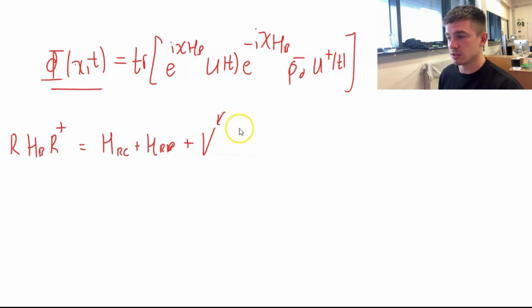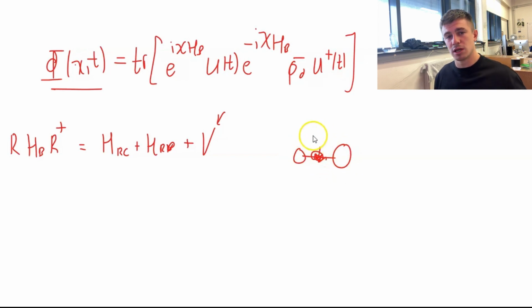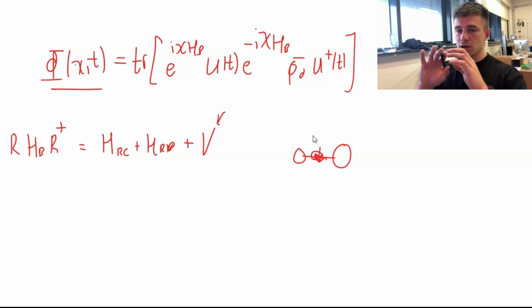So the interaction between the RC and the residual bath is going to be weak, which is good because then we can reframe our problem such that we care about the system and the reaction coordinate, and then we treat the rest of the bath with regular weak coupling Born-Markov approximations.